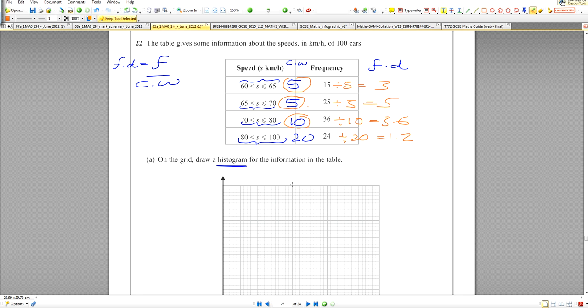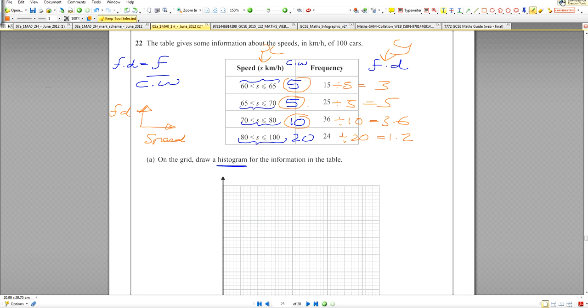Okay, are we happy with those values so far? Now remember, when we have a frequency density, what goes along the bottom of our graph? The speed. And along here will be the frequency density. So this represents the x-axis, and this the y-axis.